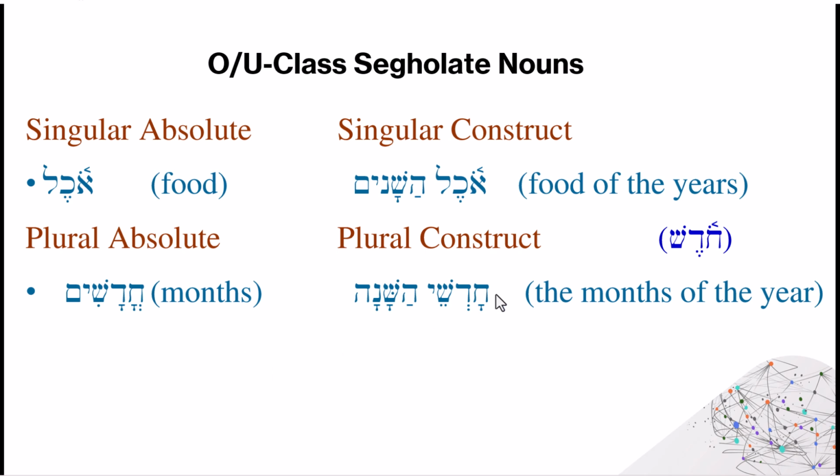But in plural construct, notice that we have this O class, short O vowel here, chodshei hashanah. This would be the months of the year. So this O class vowel, this short O, is why we call this class an OU class of Segholate nouns.